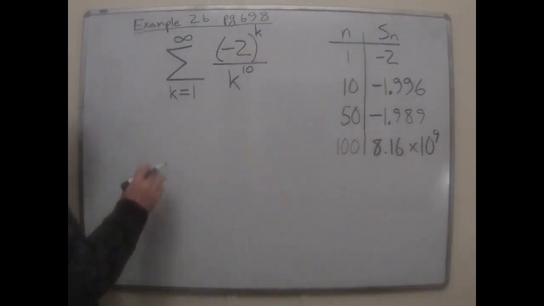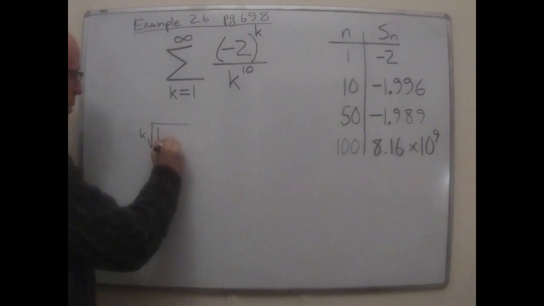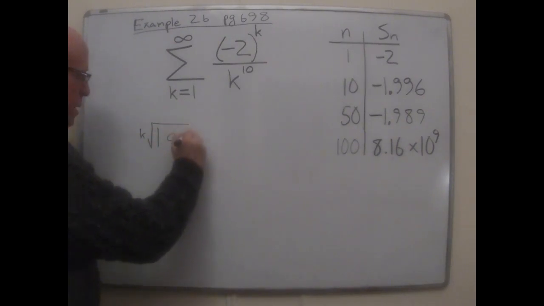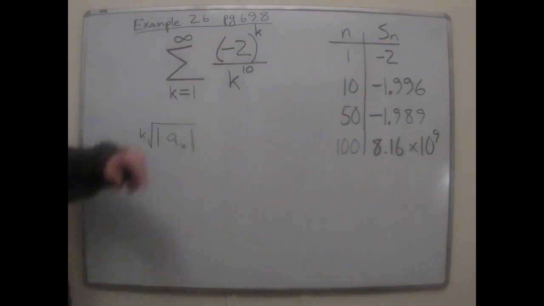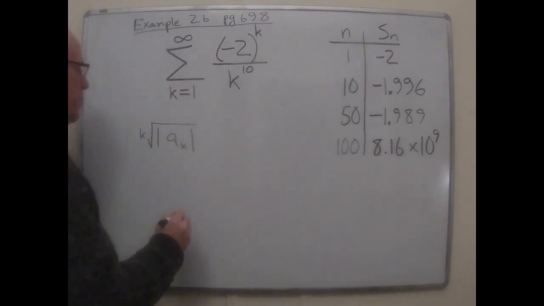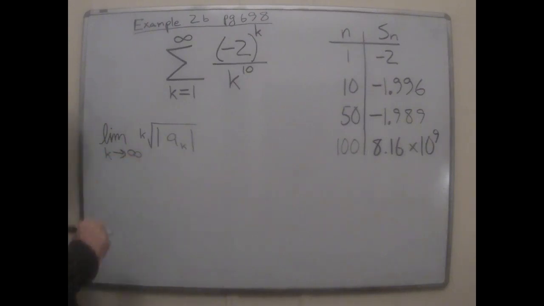The idea of the root test is we take the kth root of the absolute value of a sub k. We don't care about the minus sign. Then we take the limit as k goes to infinity of that quantity.